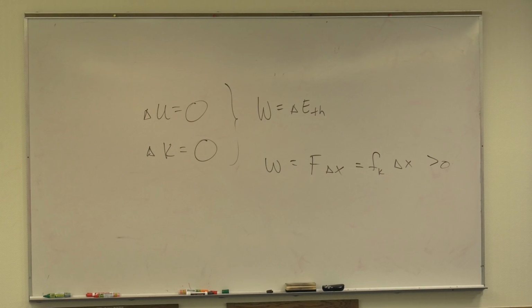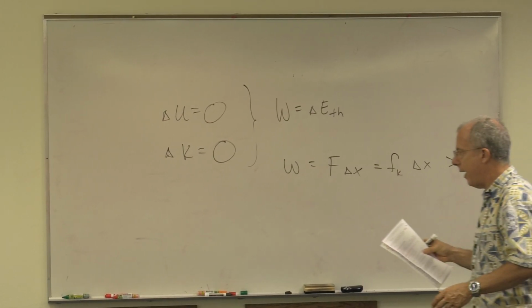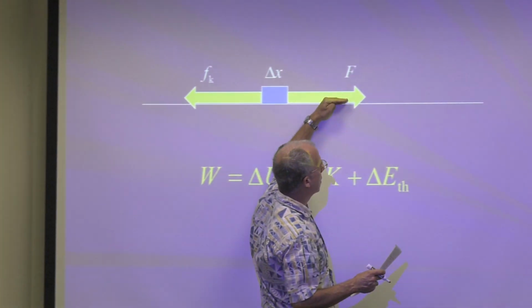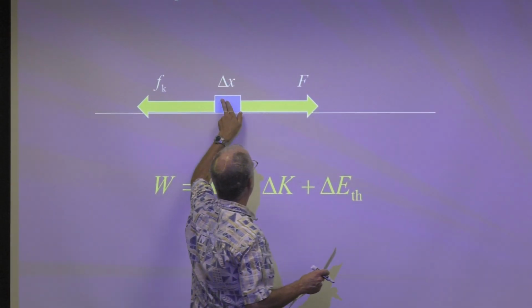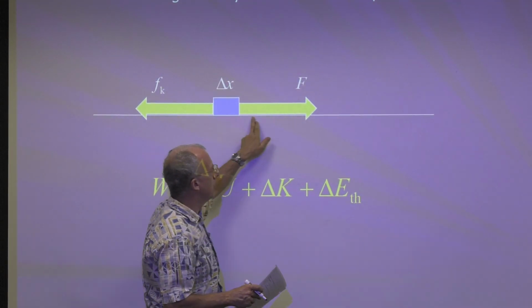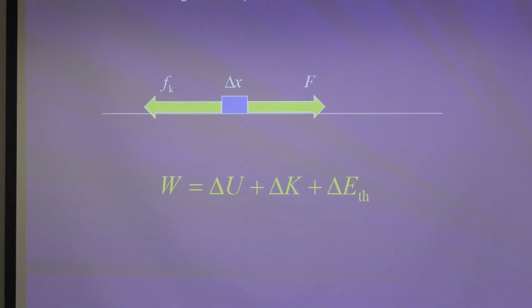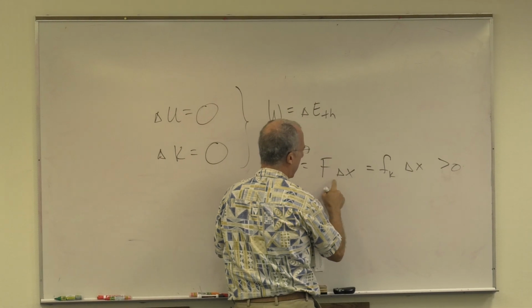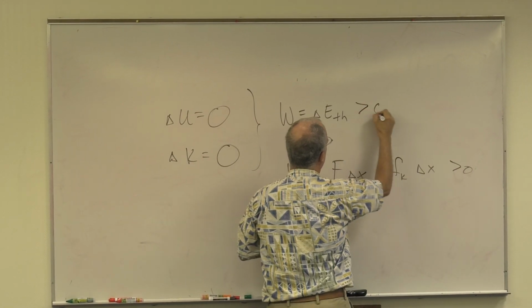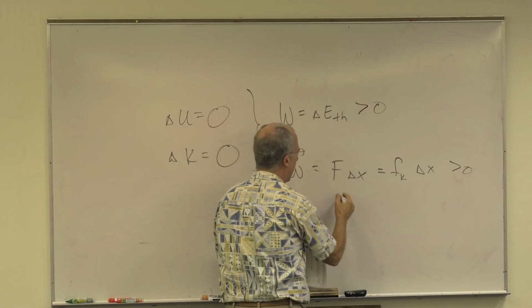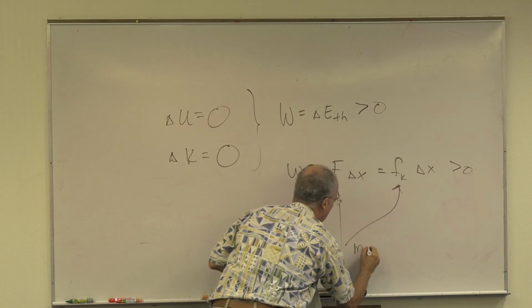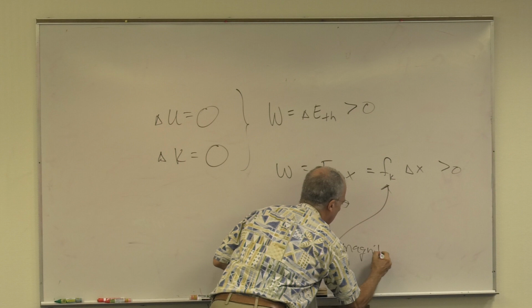So what are we saying? We're saying that when you're pulling this along the floor, the box is going to get hotter and the floor is going to get hotter. So if the work is positive, delta E therm is positive. Again, this is magnitudes.